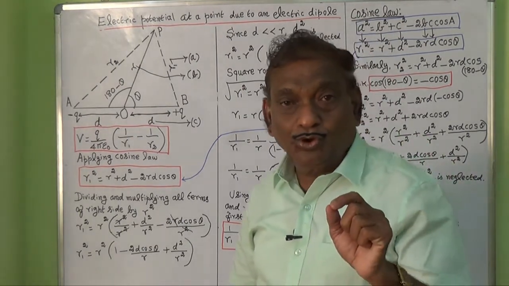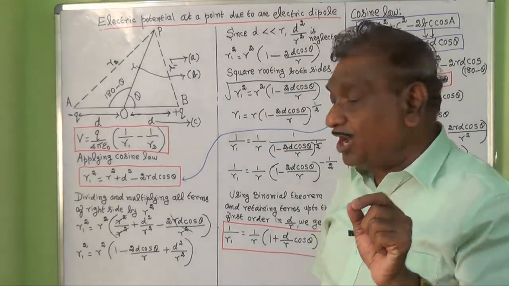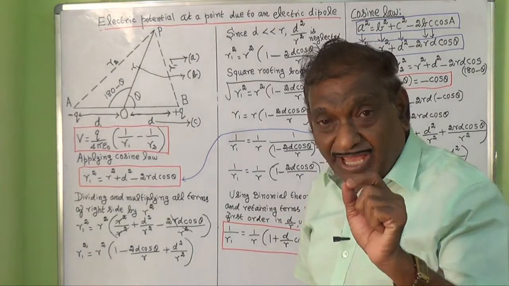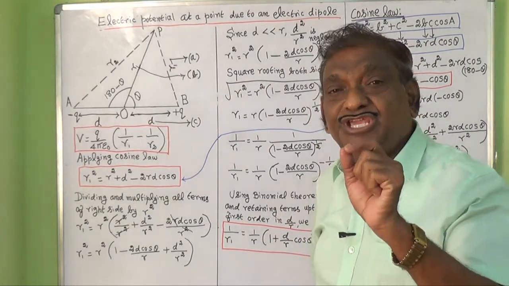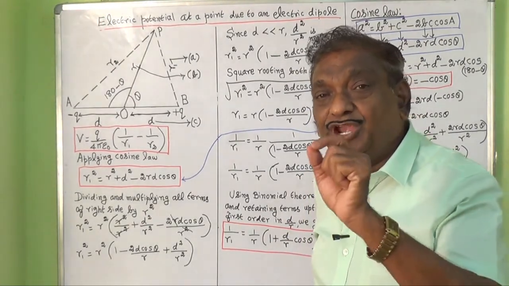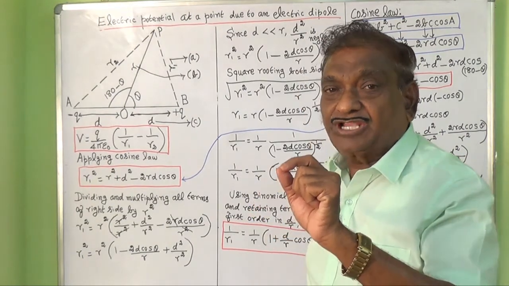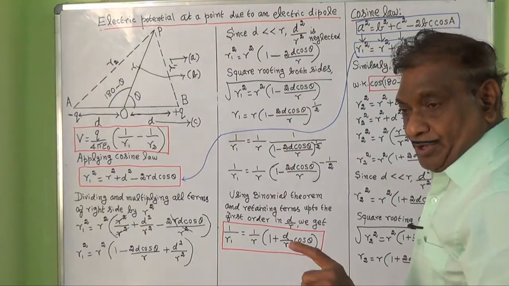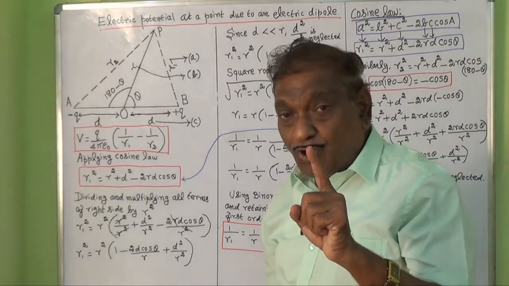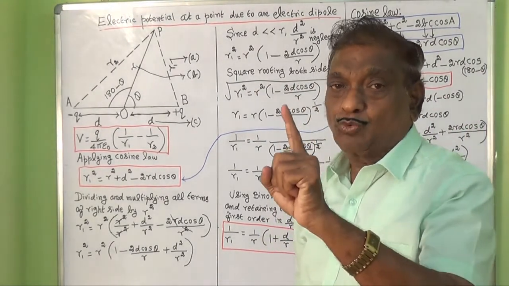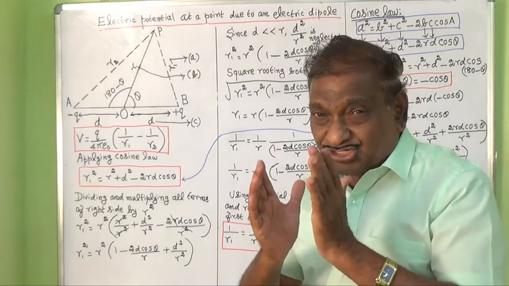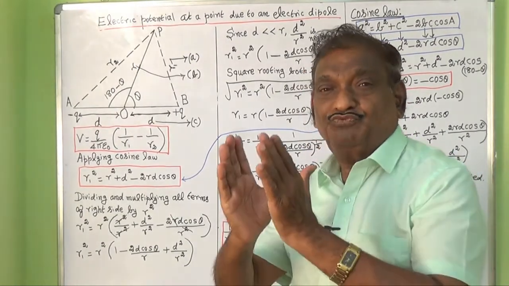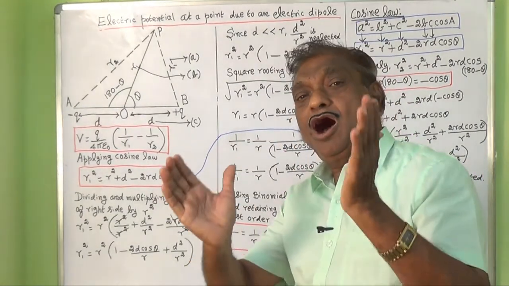In order to know the concept of the binomial theorem, you can see my separate video on the concept of binomial theorem. Now we have found 1 by R1. Our next step is to find 1 by R2.